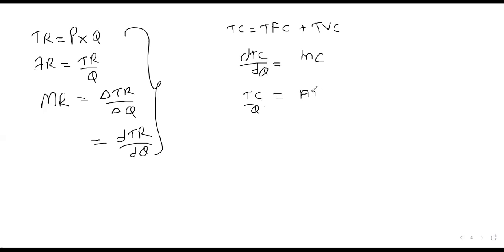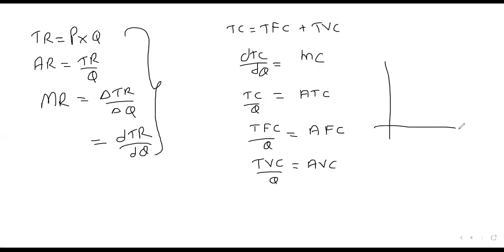Anything divided by quantity is called average. Remember here, total revenue over quantity is average revenue. So it therefore follows that the total fixed cost, if we divide it by quantity, what does it become? The T just changes into an A, the average fixed cost. How about if we divide the total variable cost over quantity? What becomes of the T? It also changes, becomes our average variable cost.